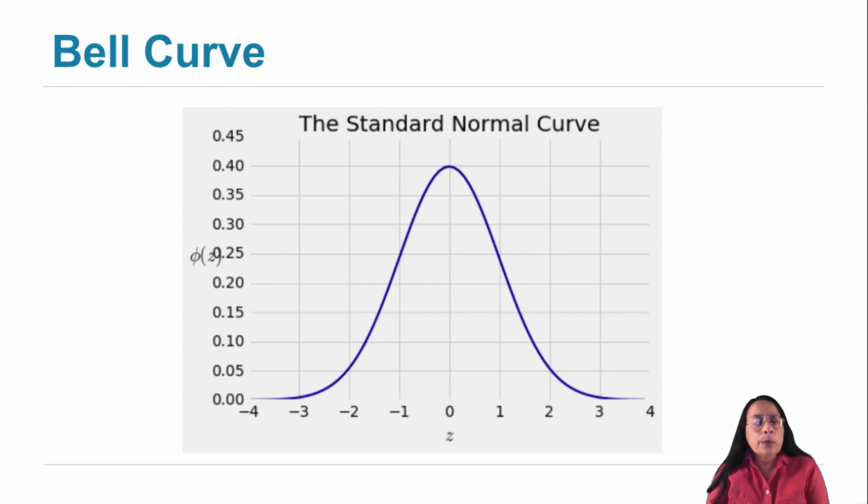Of course, not all distributions look like this. Most distributions are skewed in one direction or the other, and they're not so regular, but some distributions come close. Not exactly, but close to this ideal.